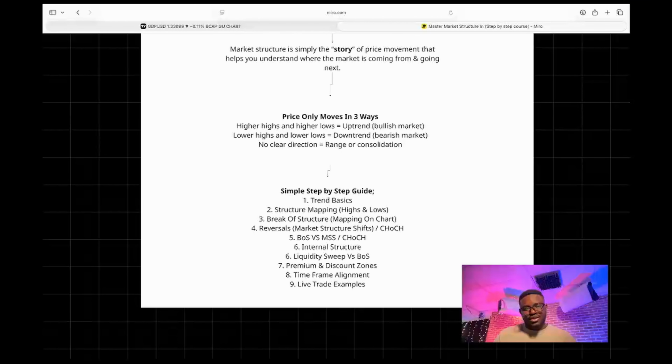And for a bearish trend, you only want to focus on the last lower high and the last lower low. Anything in between the last lower high and the last lower low is noise. So that's basic trend analysis and basic trend understanding.